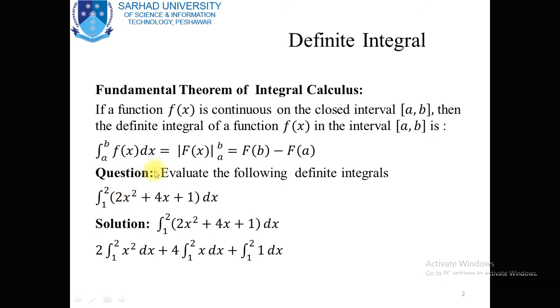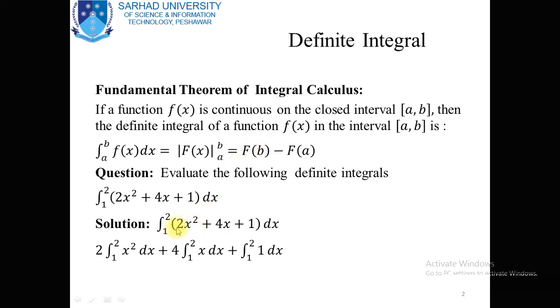How can we put the limits? Like you see over here, first put the upper limit in the obtained result of the integral, then put the lower limit, and then subtract this result from that result. Subtract F of a from F of b. It means that first put the upper limit and then the lower limit, and subtract the lower limit result from the upper limit result.